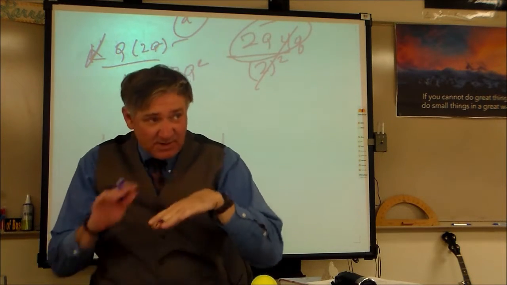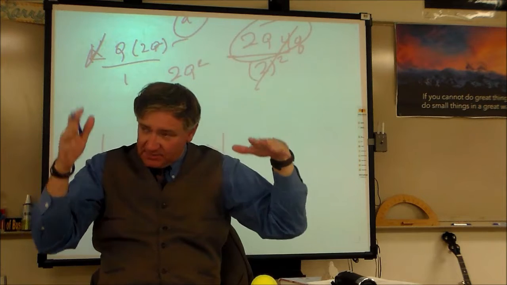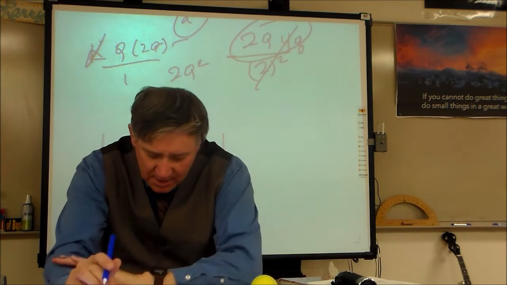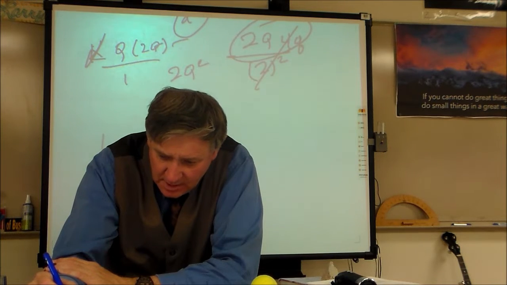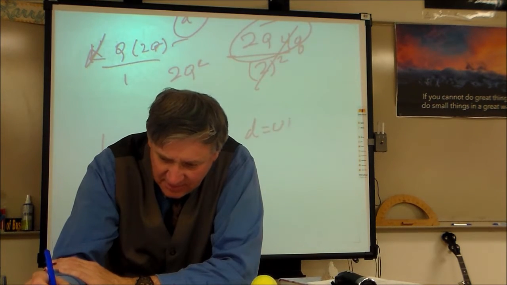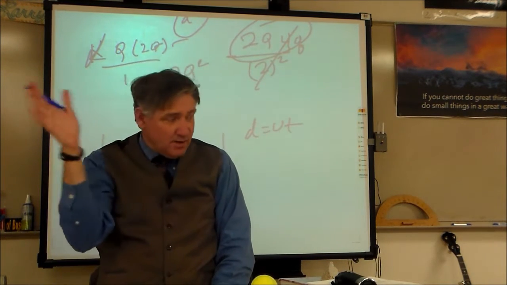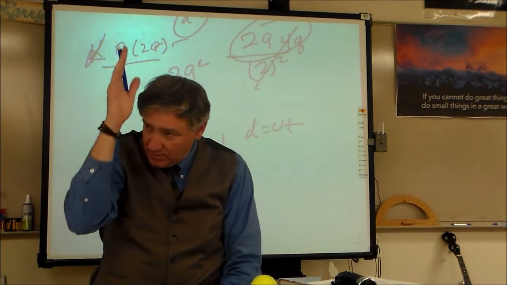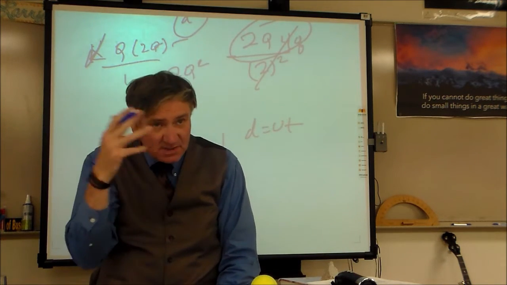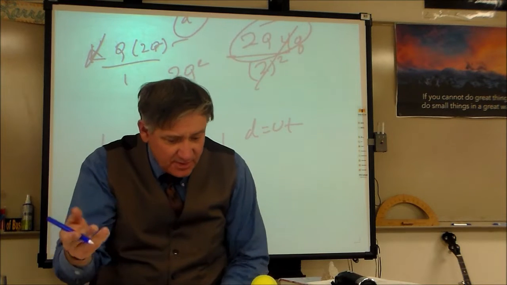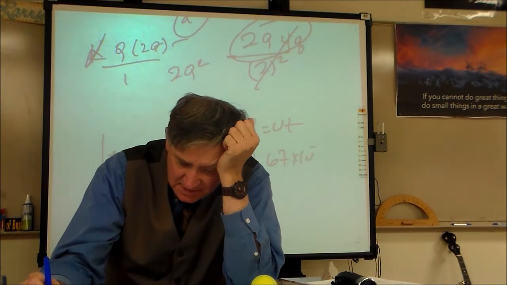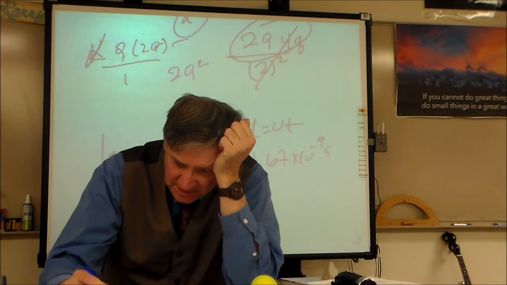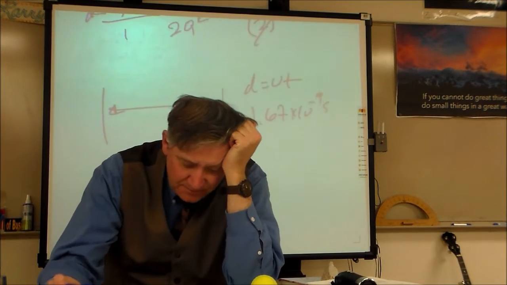That's why I said what happens in the X stays in the X, what happens in the Y stays in the Y. So you can say distance equals velocity times time. I can do that horizontally because there are no horizontal forces to cause an acceleration. You get a very, very small amount of time, like 1.67 times 10 to the negative 9th seconds. That's how long it takes to go through there.